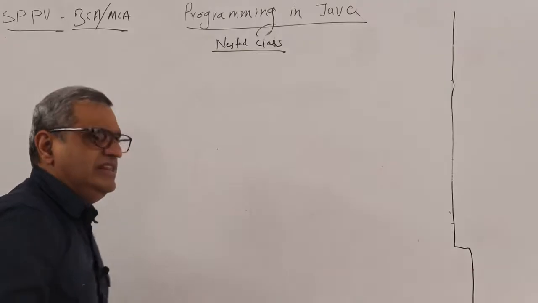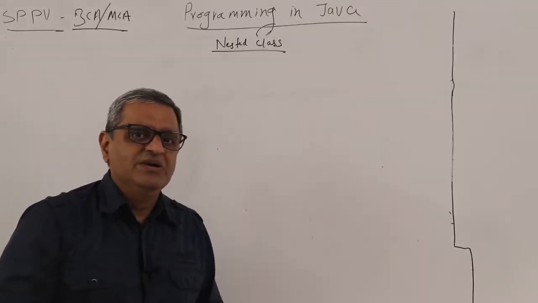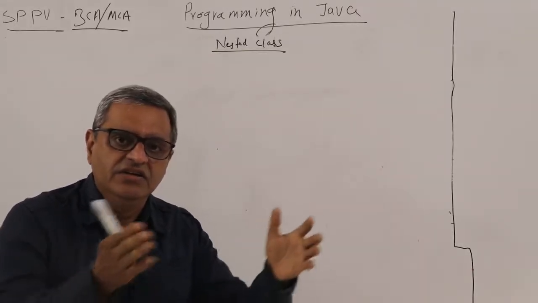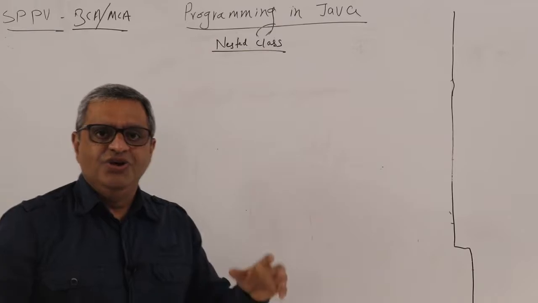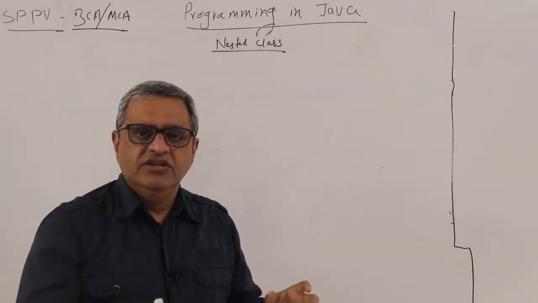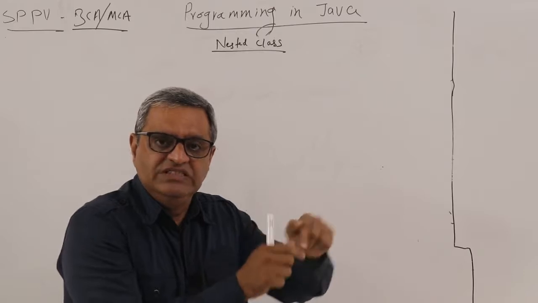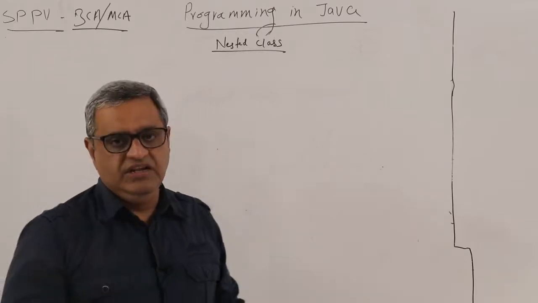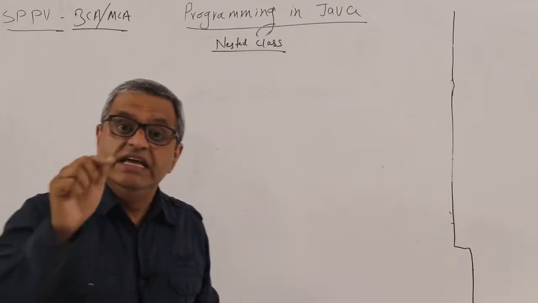Nested means that something is inside the other. So if there is one class inside another class, the class which is inside becomes a nested class, and it's called an inner class.